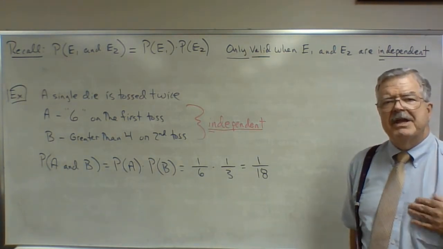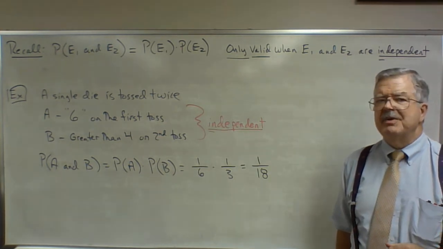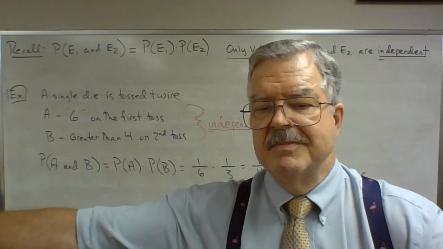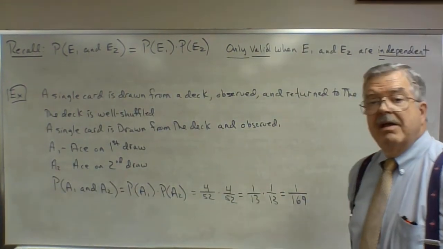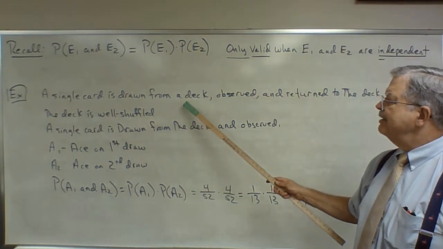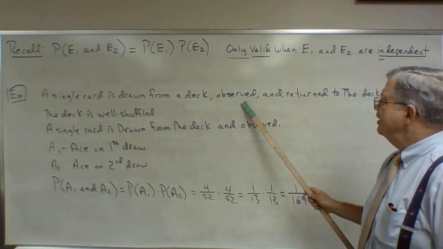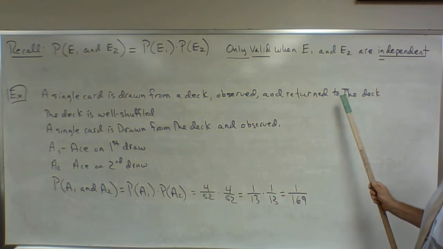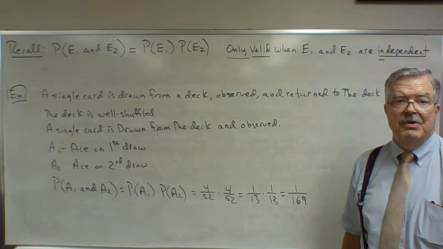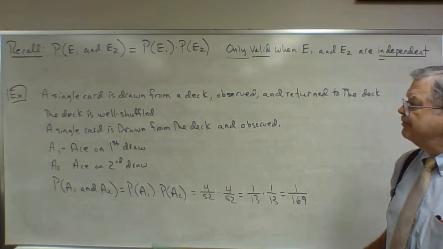Let's take a quick peek at another exercise we did in the lecture yesterday. Last lecture, we had a single card drawn from a deck, observed, and returned to the deck. The cards are drawn with replacement.